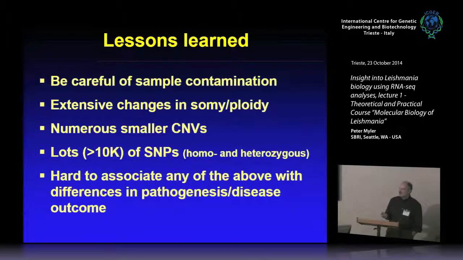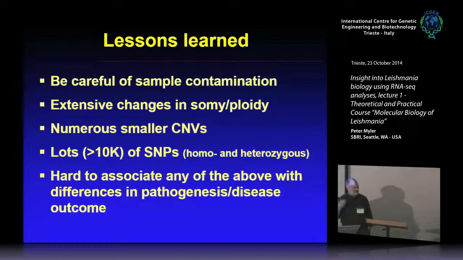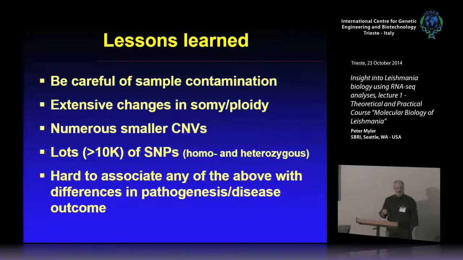The other lesson that I didn't put up here is that this is not something that you can do in your own lab. You really have to have a group of bioinformatics people standing behind you to do all of the analysis that is required, because it's not trivial. Just handling the data itself is non-trivial.